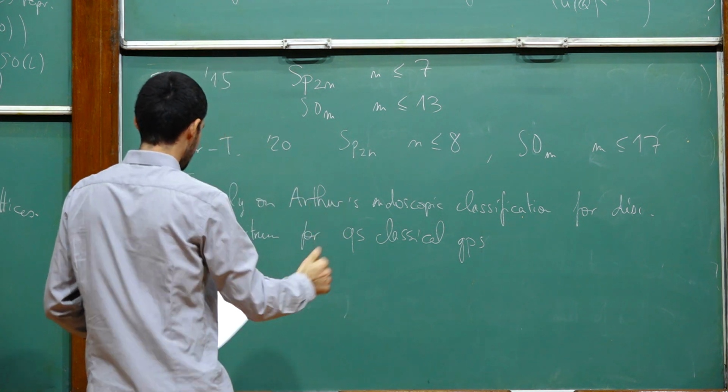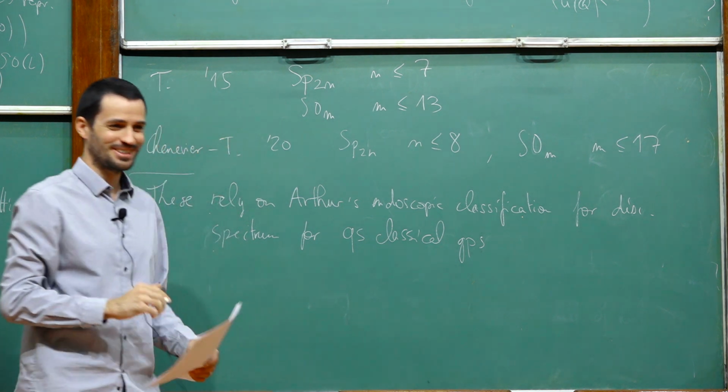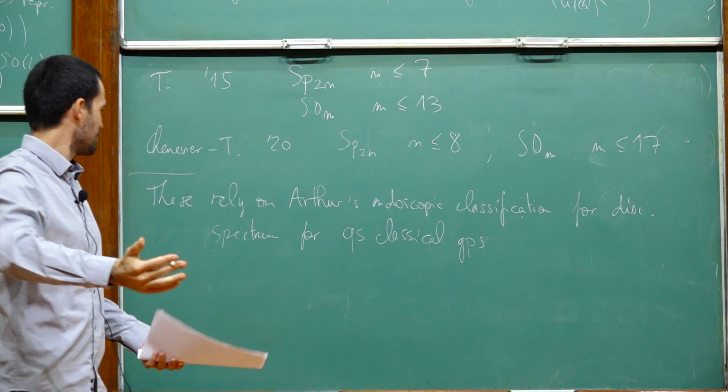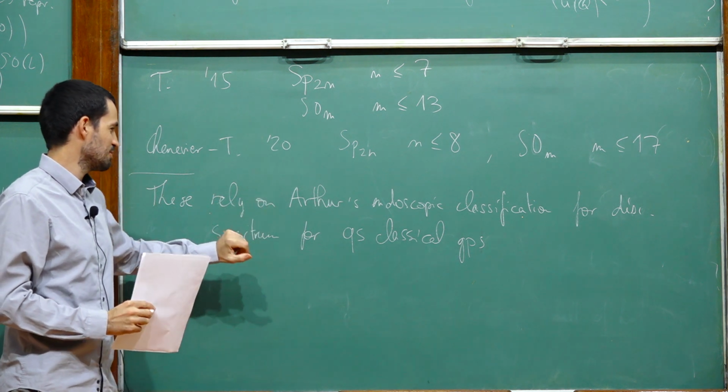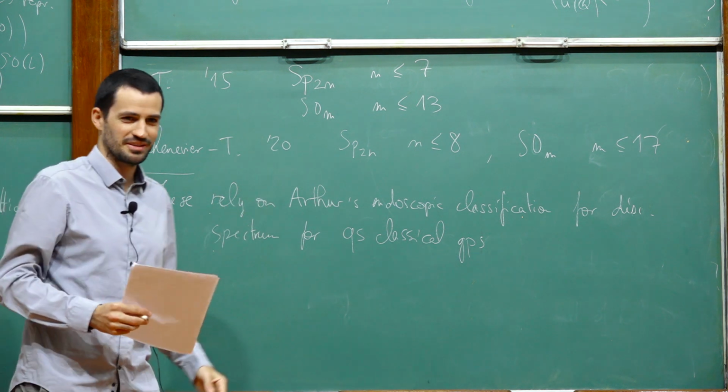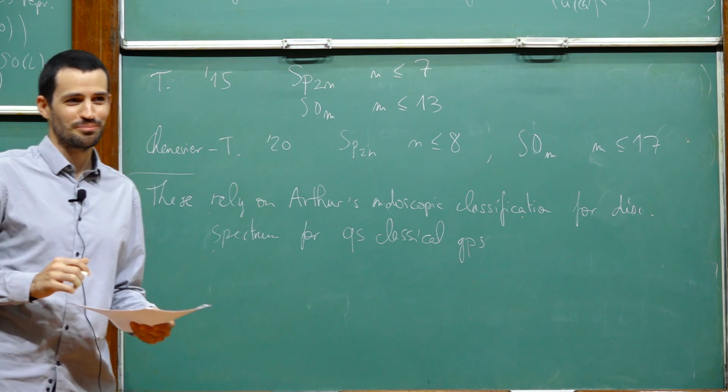And so at this point I have to say a little prayer, I guess. I have to warn you that the classification relies on papers that have been announced but have not yet been published.